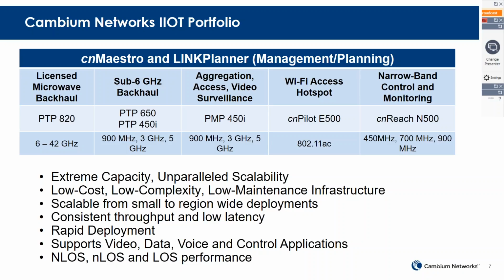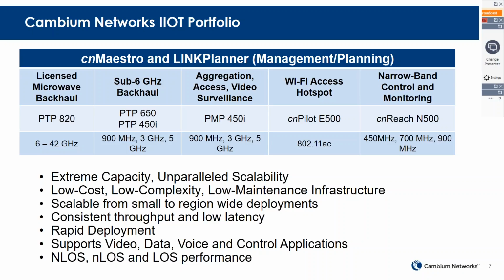Keep in mind that all these products can be managed by our cloud-based cnMaestro platform. And when you want to design your network, you can use our free software, the Link Planner, which is very helpful for you to design your network, to understand your link budget and understand your availability given the environment.